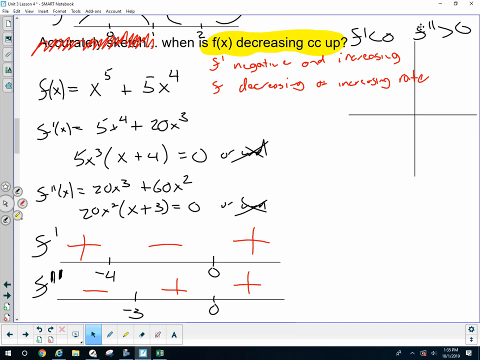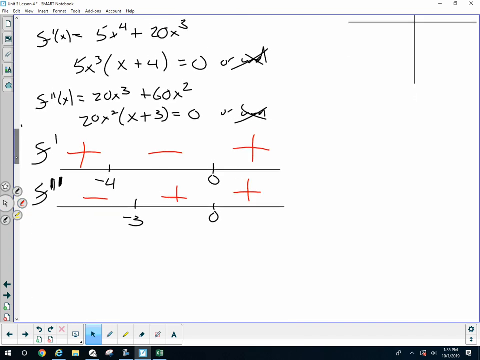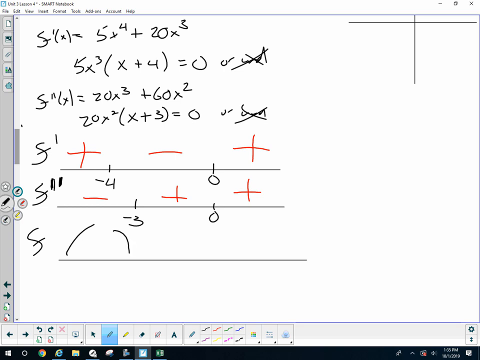We will be able to see the shape of f: increasing concave down, decreasing concave down, decreasing concave up, increasing concave up. But please answer the question.